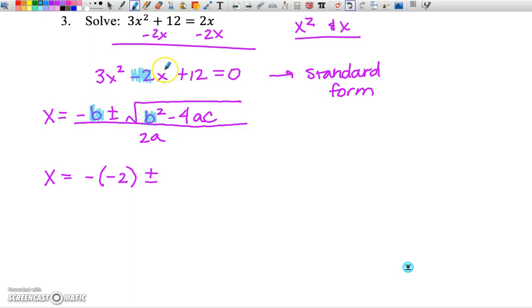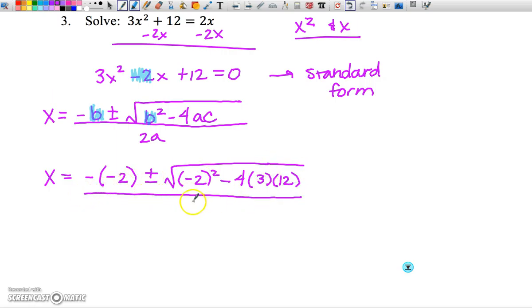Now when you go to plug it in here, make sure that you use parentheses around it. It's really important, especially when you type it into the calculator. If you put negative 2 squared in the calculator without parentheses, you get an entirely different answer. All right, and then a is 3 and c is 12. So we put that all over 2 times a, which is 3.